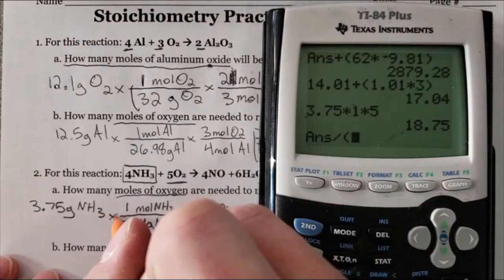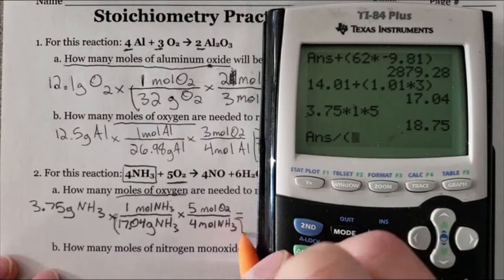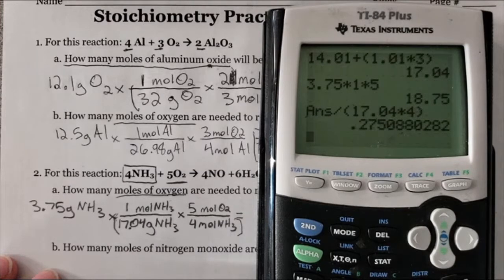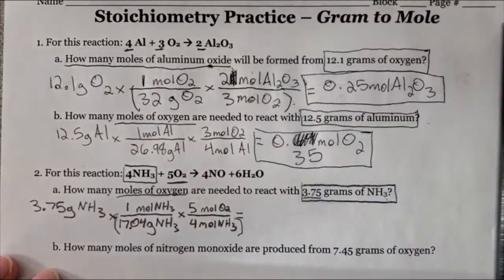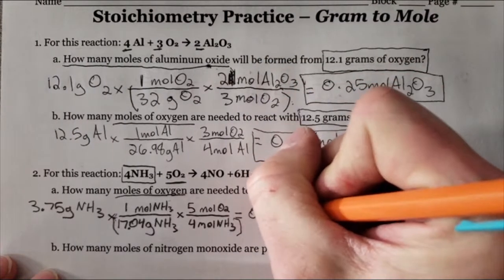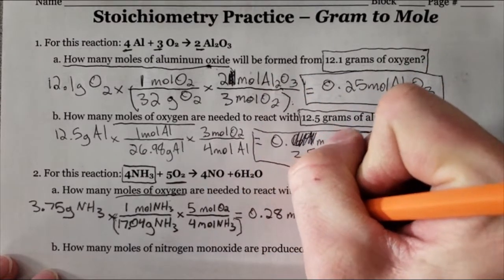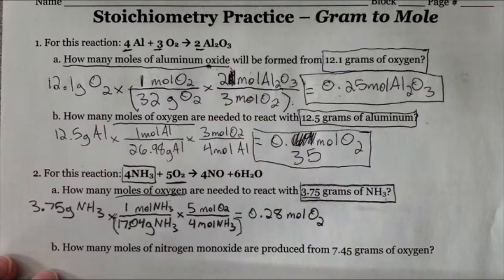Now we need to put everything that's on the bottom in parentheses here. Okay, so we've got 17.04 times 4. Okay, so that's going to give us an answer of 0.28 if we round to 2 decimal places. 0.28, and that's going to be moles of O2.